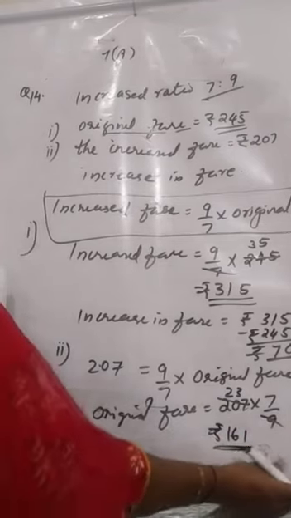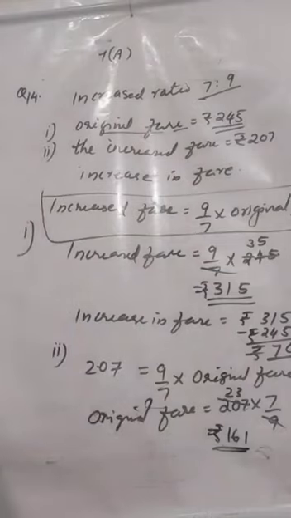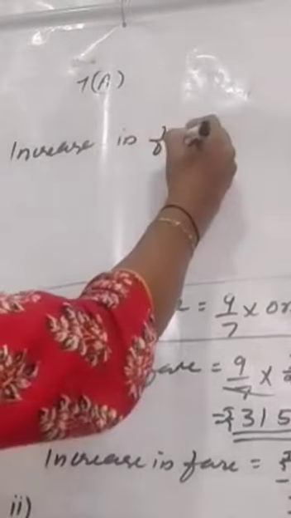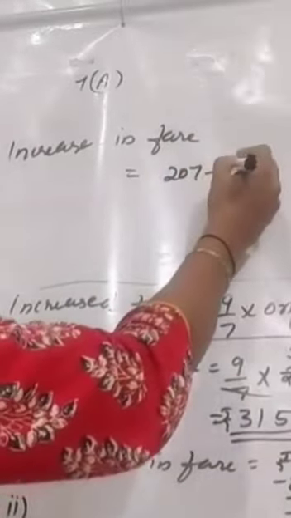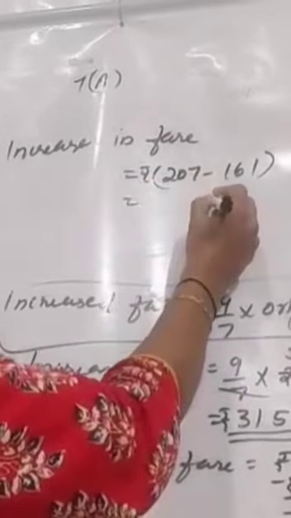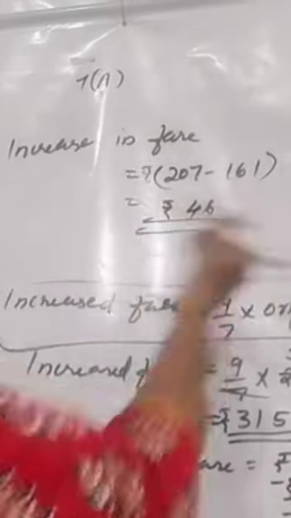This is the original fare and the increased fare is 207. Take the difference to get the increase in fare. That is increase in fare equal to 207 minus 161, rupees 46.